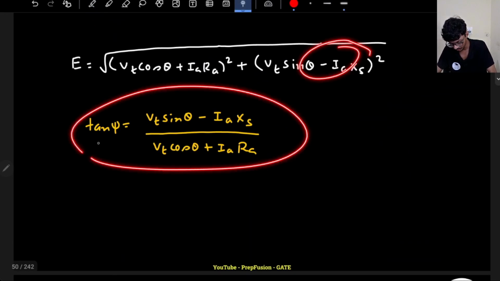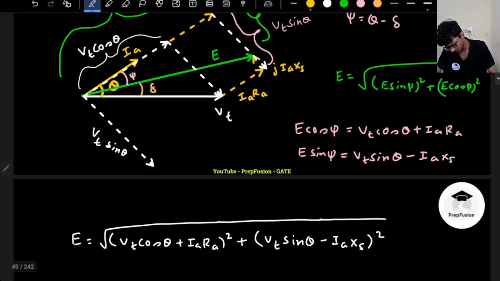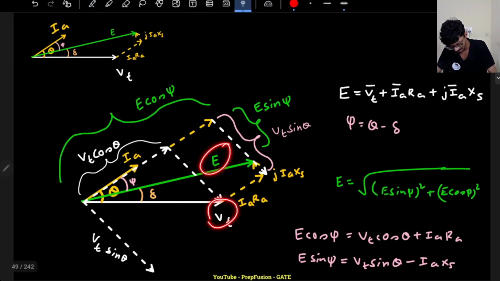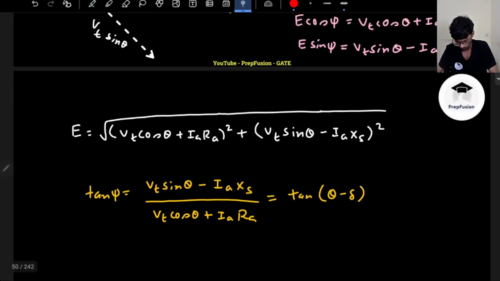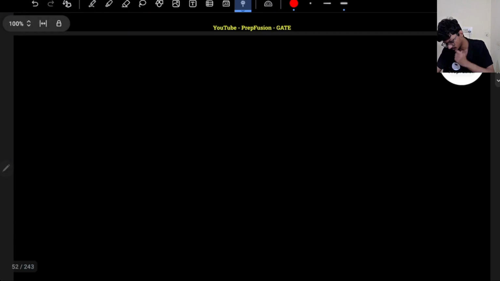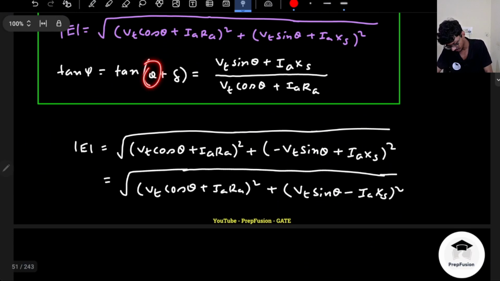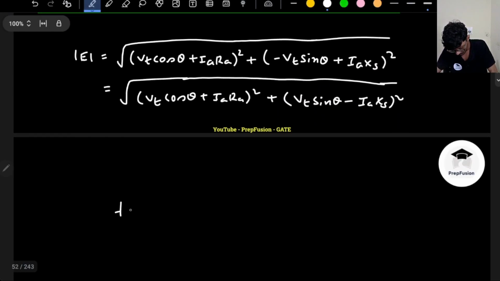Now what about this one? This is equal to tan of psi, tan of theta minus delta. If you see here, my E is still leading Vt, because only then the active power will go. So this is tan of theta minus delta. Same will happen over here. If I replace theta with minus theta in the angle formula, this will be tan of minus theta plus delta.